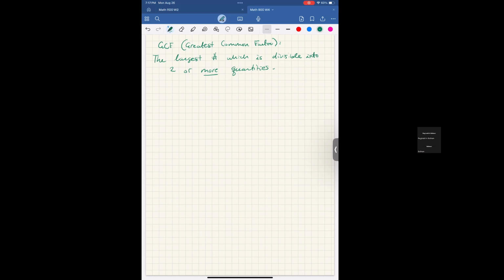So we're going to be using the GCF technique a lot whenever we get to these concepts. So go ahead and make a note down here at the bottom: used for adding, subtracting fractions, as well as simplifying fractions.